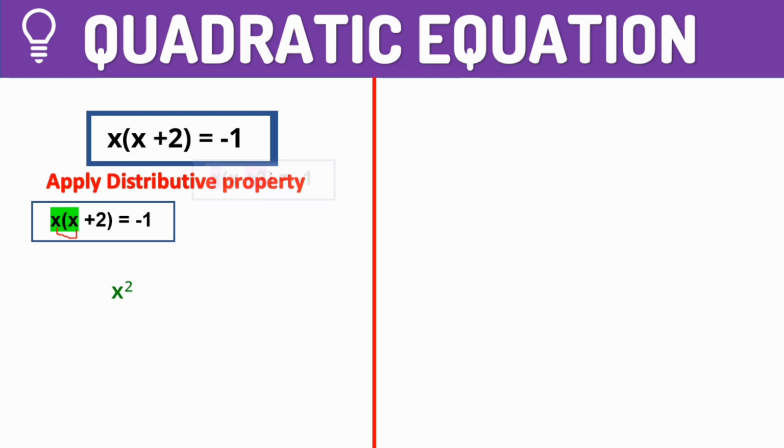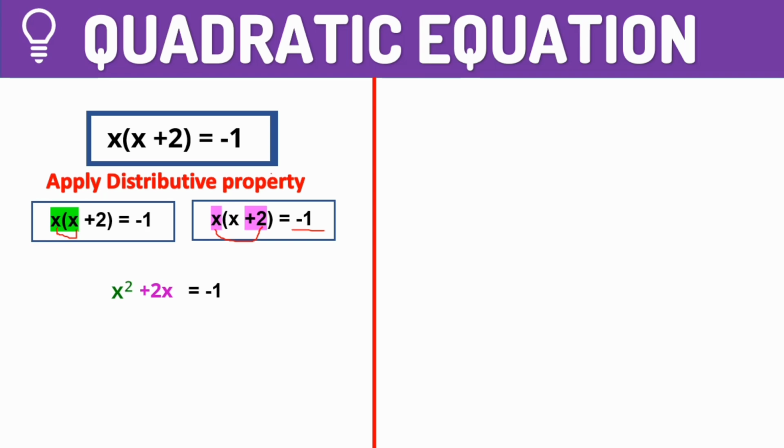Next step, we will multiply x into the second term inside the quantity, and that is 2. X times 2, the answer is 2x, and just copy -1 equals to -1, just like this.